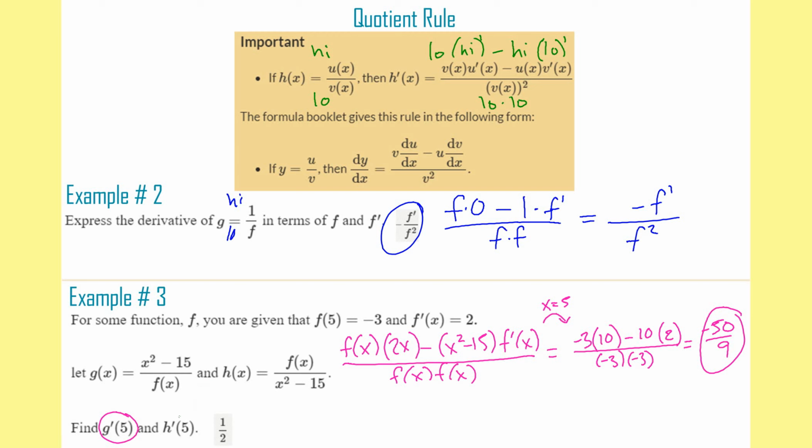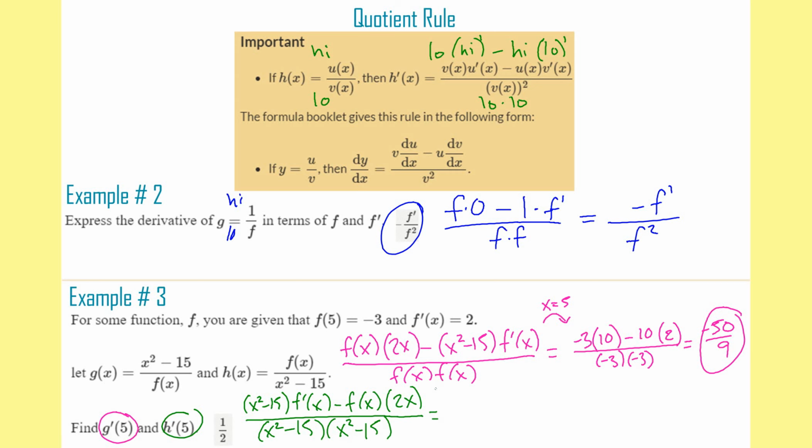Then for h prime, all right, so now we're just doing the flip of it. So low d high minus high d low, so the derivative of the low one is 2x, all over low low. Let's see if we get something else.